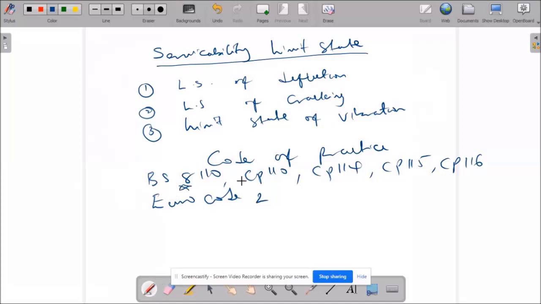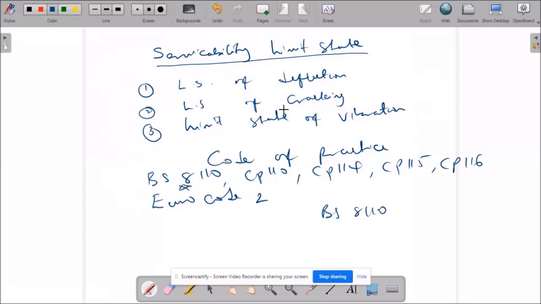BS 8110 is a withdrawn British standard for the design and construction of reinforced and pre-stressed concrete structures. It is based on the limit state design principle.